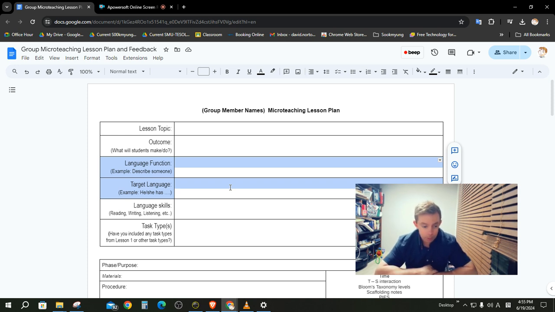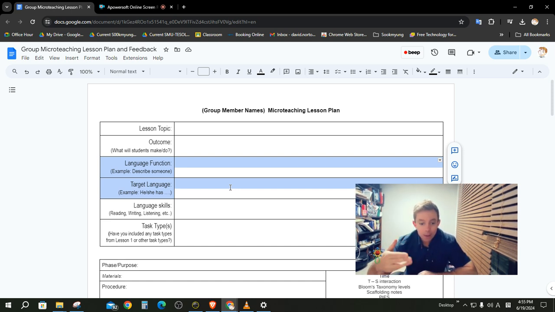So the example I gave in class was maybe the language function is comparing items, right? And the outcome is, they'll be able to compare things in a shop, right? And be able to compare things they like with things they don't like as much, or something like this. So your function would be the comparison.